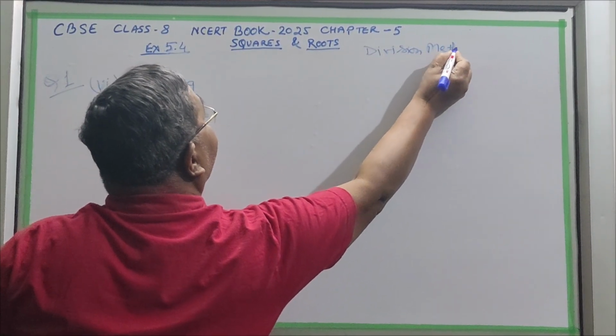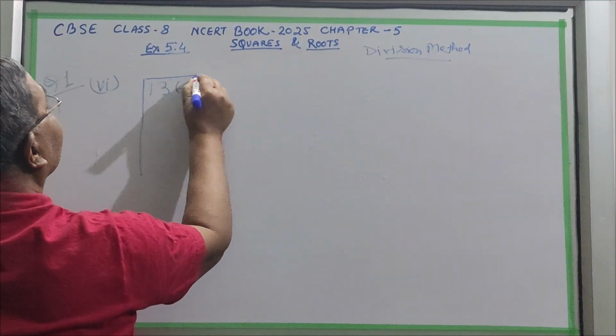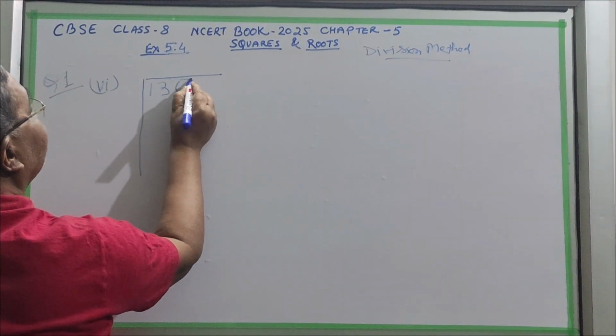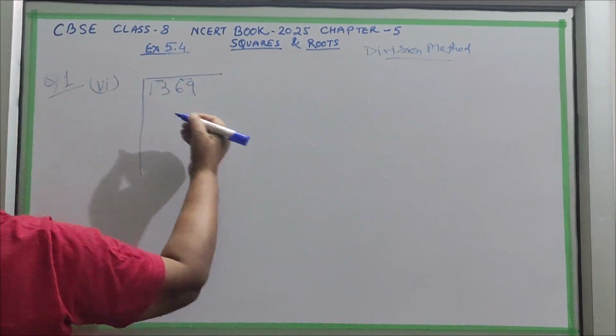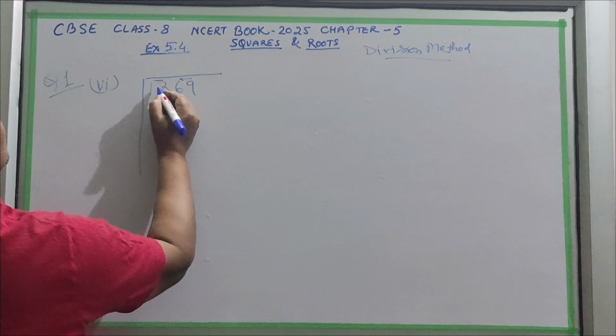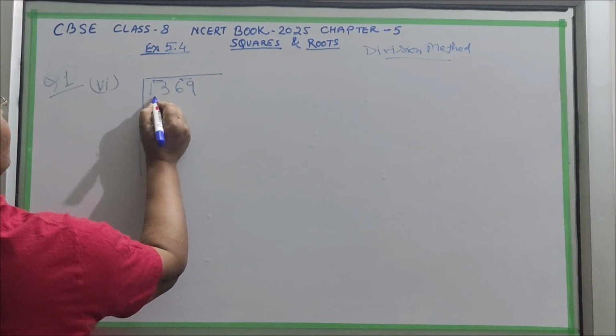So in the division method, what we do, first we make pairs of 2, 2, from the right hand side going to the left hand side. So here 13 is one pair.